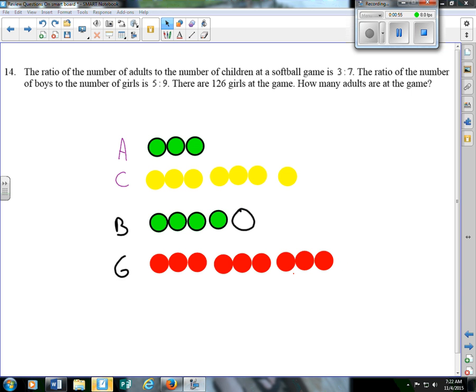So you got to go back and you got to set this equivalent to 126. So from there, you're going to have to count up how many parts there are that are going into 126. Not 129 like I wrote, but 126.